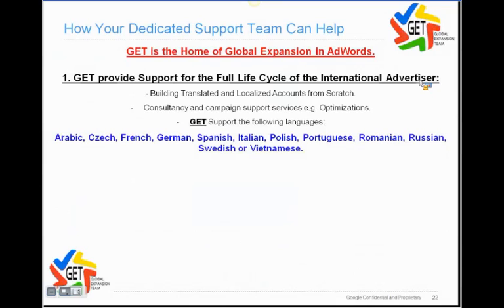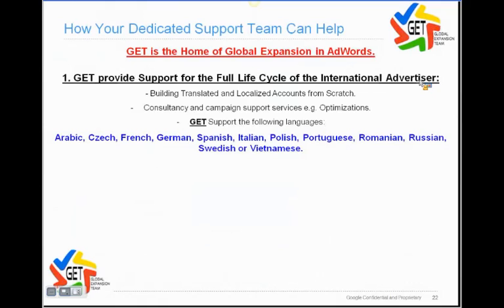Their mission is to support advertisers to make the most of global markets by sharing their knowledge of export for Google AdWords. They can build out an account from scratch, translating and localizing it in a desired language. They provide consultancy and campaign support services through the full life cycle of the international advertiser.